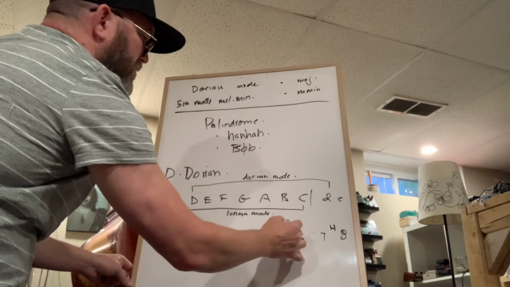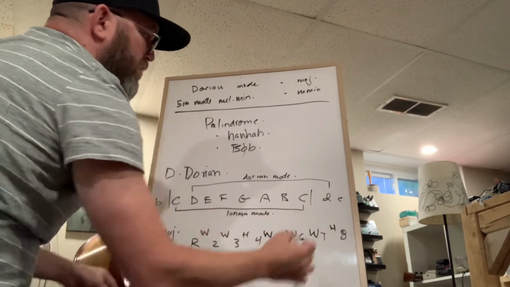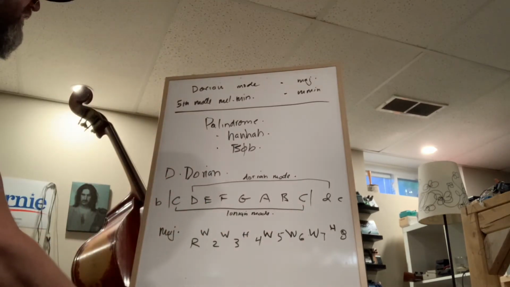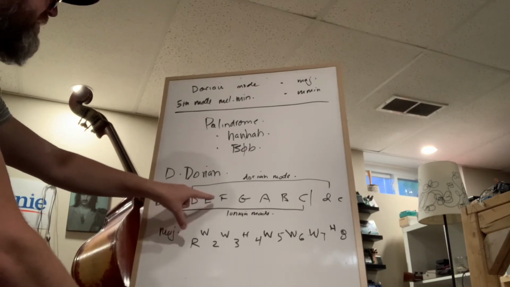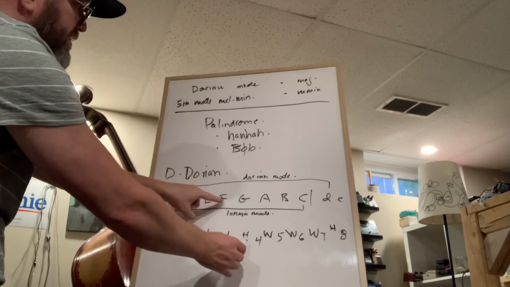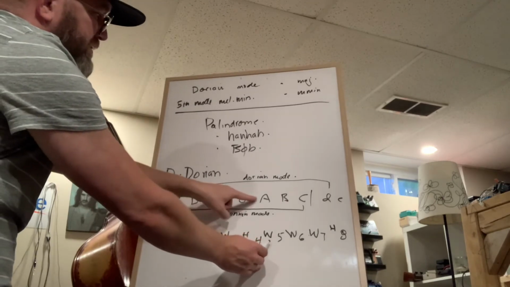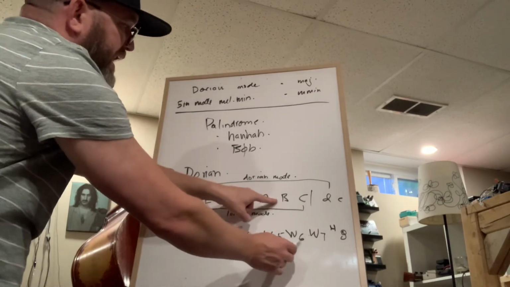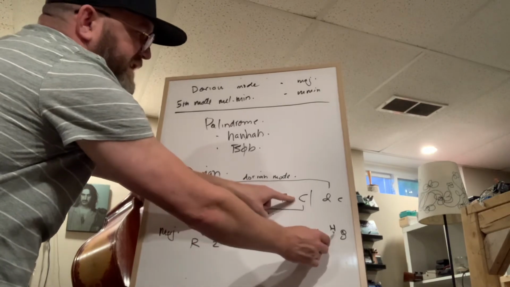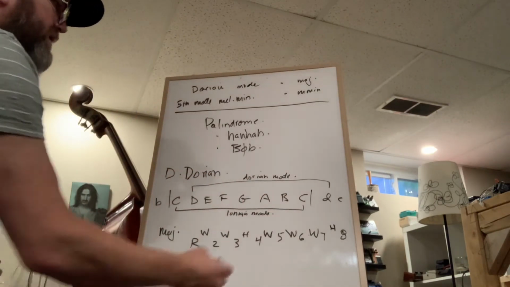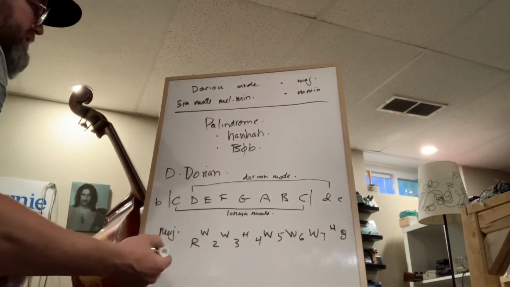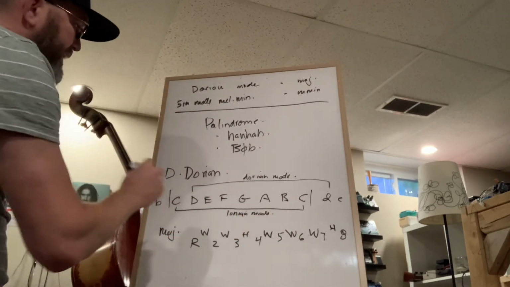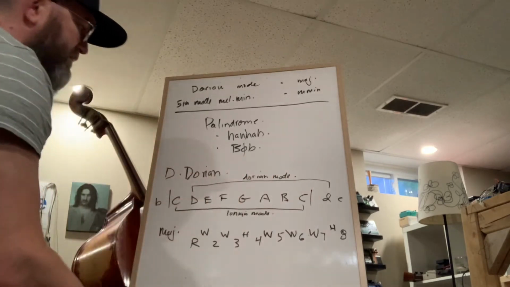Between C and D is a whole step, D and E, whole step, E and F, half step, F and G, whole step, G and A, whole step, A and B, whole step, B and C, a half step. So you can see they're not reversible. It's not palindromic.